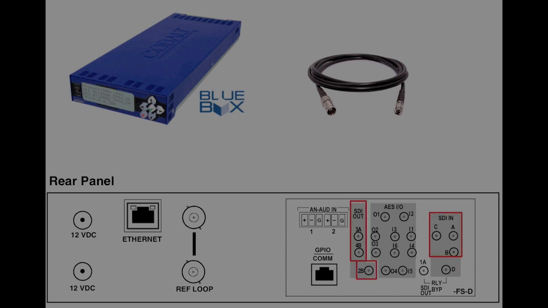For your secondary channel, you can use any one of the remaining 3 SDI inputs and any one of the remaining 3 SDI outputs. Again, this would be a DIN to BNC cable. So altogether for both primary and secondary on your dual channel box, you'll need a total of 4 cables.